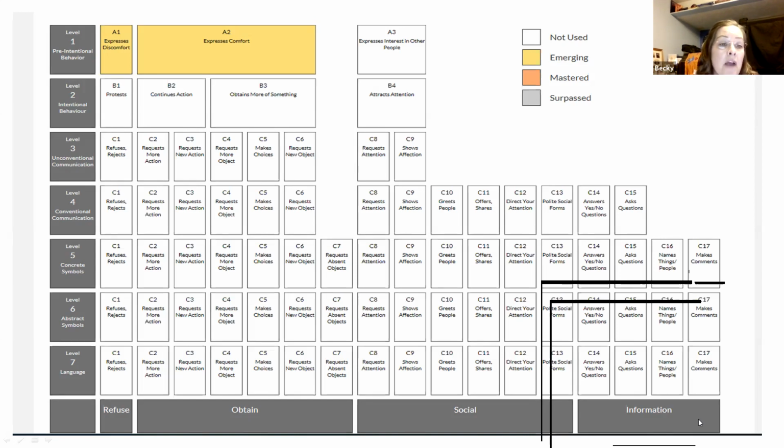So when we think about the concrete symbols in level 5, we're actually using a symbol that looks like what it's representing. When we get up to level 6, we're thinking about the abstract symbols. So perhaps the Boardmaker symbols, or like I said, the print symbols. And then in level 7, we're using combined symbols. We're using abstract and concrete. We're using print, we're using 2D, we're using 3D, and we're putting these all together to make a language.